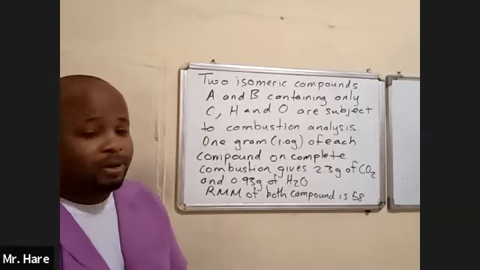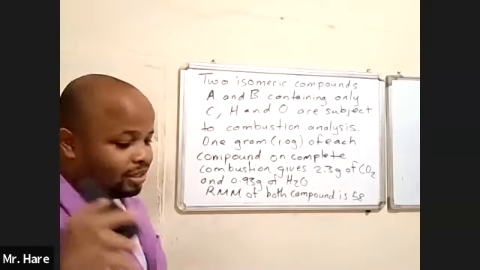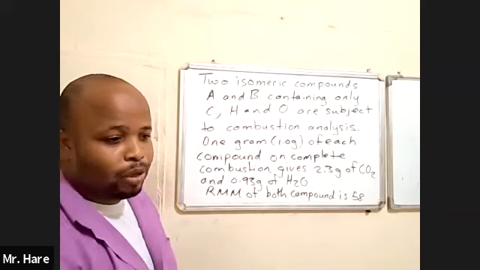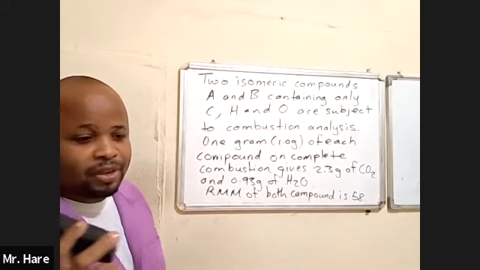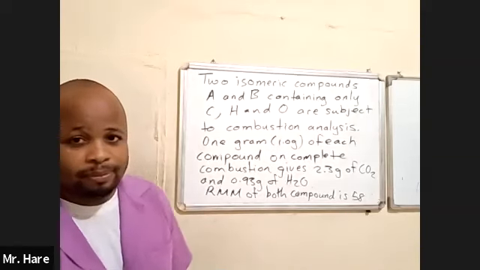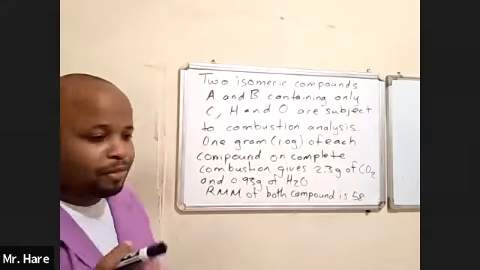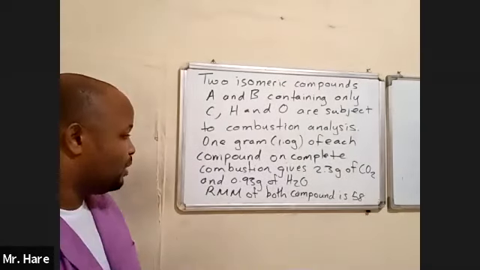Sir, the ICE method will be my downfall. All right, just remember, the only time you use the ICE method is if you don't have everything at equilibrium. If they give you everything at equilibrium, you don't need to use it. When you don't get everything at equilibrium, then you use it.